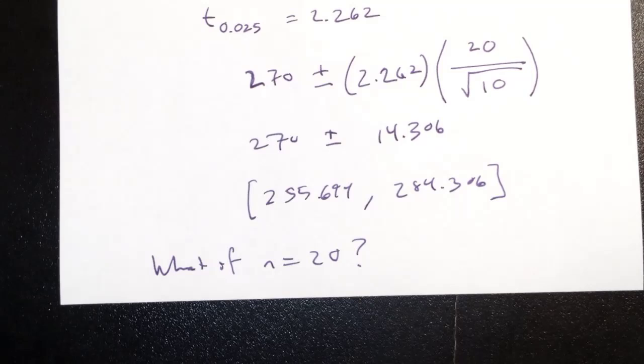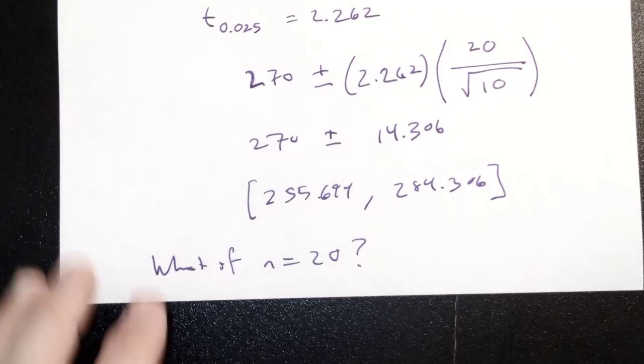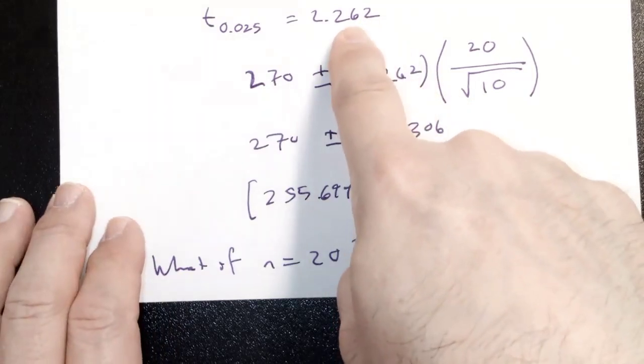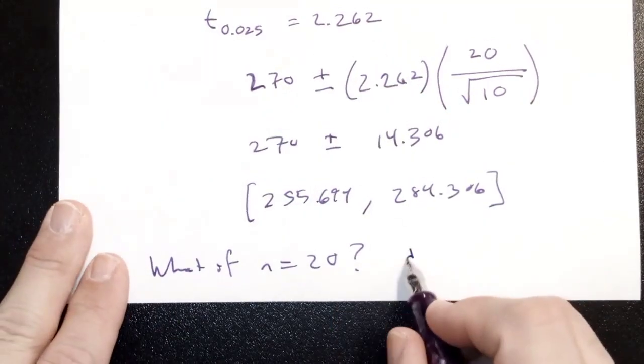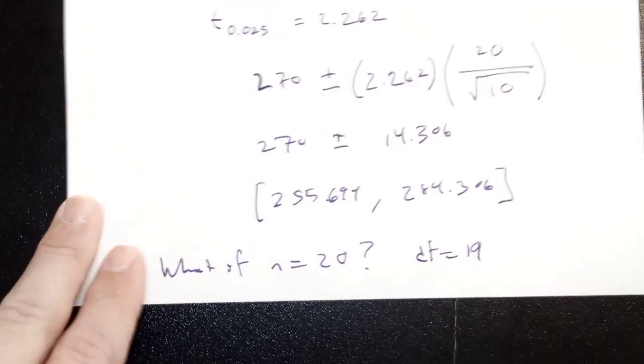What do I need to change if my number of samples goes up? My degrees of freedom is 19, and that's going to change my t-value. Aha. As soon as I change df, I need a new t.